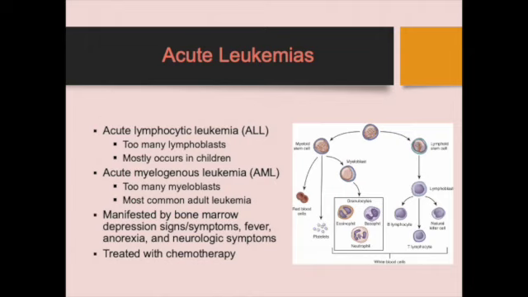The clinical manifestations are going to be a variety of different types of symptoms, but they're generally pretty similar across both acute lymphocytic leukemia and acute myelogenous leukemia. The mechanisms that are associated with these manifestations can be looked at more closely in your textbook, but the signs and symptoms are really related to bone marrow depression.